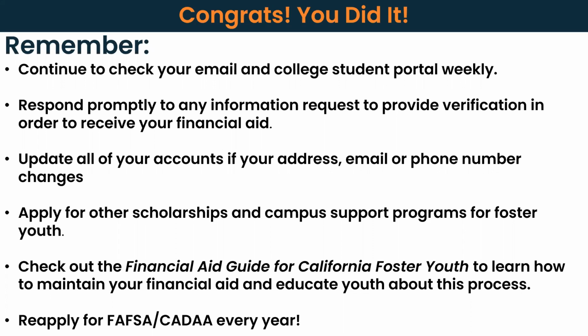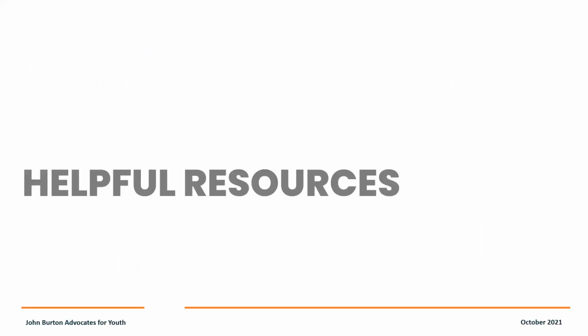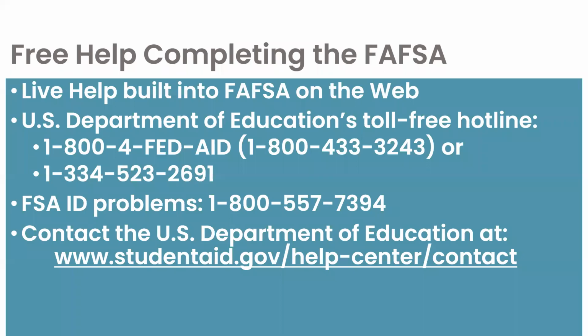All right, so on the next slide, I'm just going to quickly go through some resources. The first resource on here is just for help completing the FAFSA application. There's live built-in help in the FAFSA on the web, so you can access that and even chat on the FAFSA application website. The U.S. Department of Education also has a toll-free hotline.